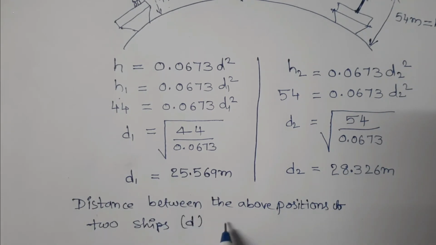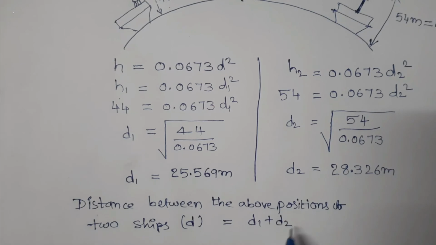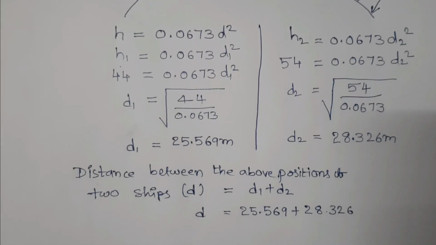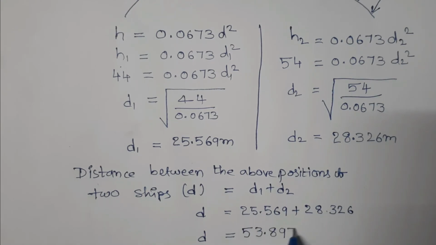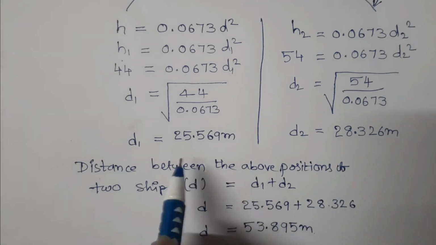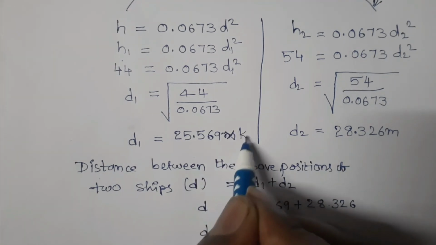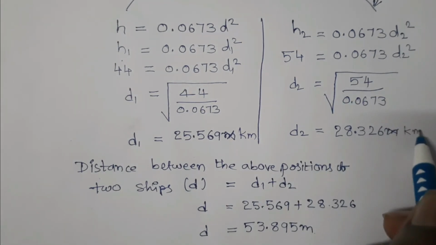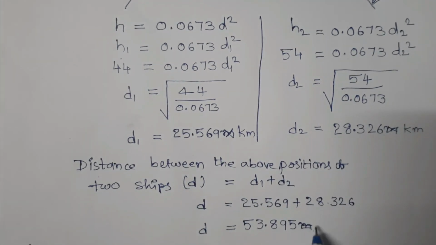Say D is equal to D1 plus D2, 25.569 plus 28.326. Here the distances are in kilometers. Sorry, this is kilometer. D is equal to 53.895 kilometers. H is in meters, D is in kilometers.